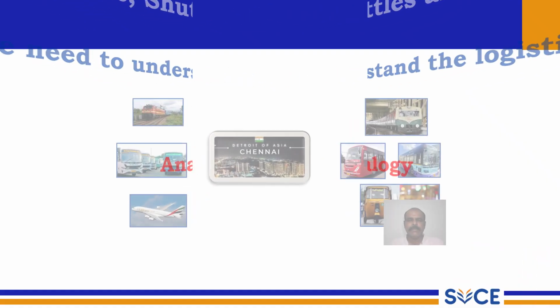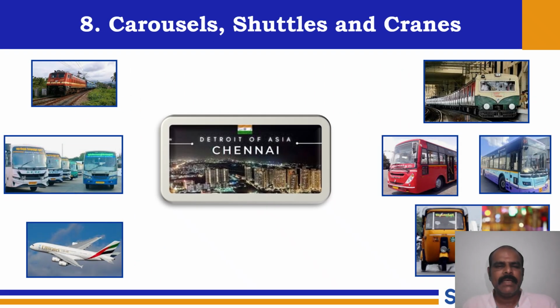One simple example is Chennai. Somebody from any part of the state wants to reach Chennai. What are the different possibilities, in no particular order? The first is they can come by means of train.